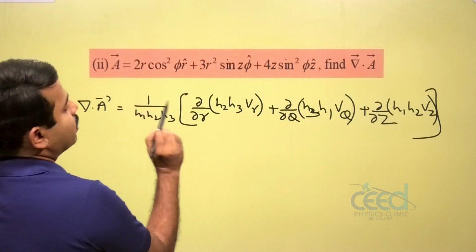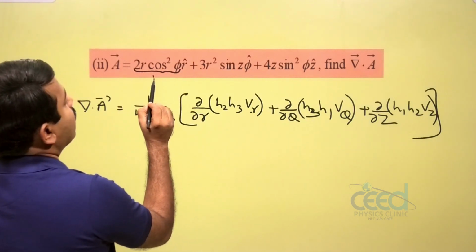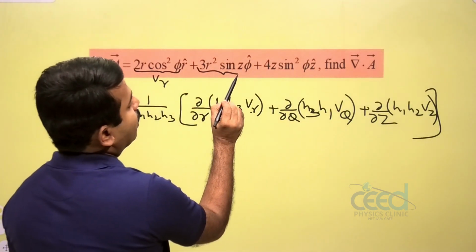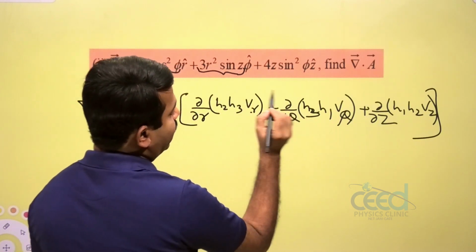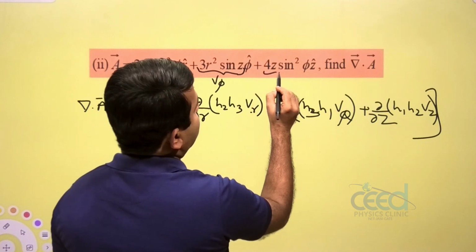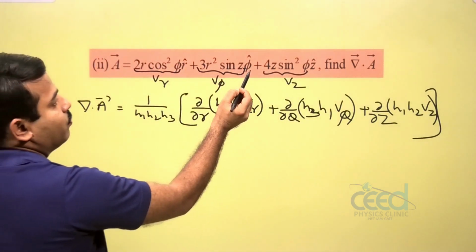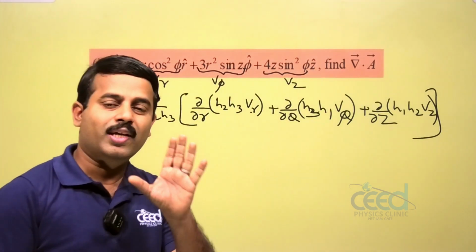Now what is this Vr? Vr is this, and this is V phi, and this is Vz, alright? The components of r cap, phi cap and z cap are Vr, V phi, Vz.